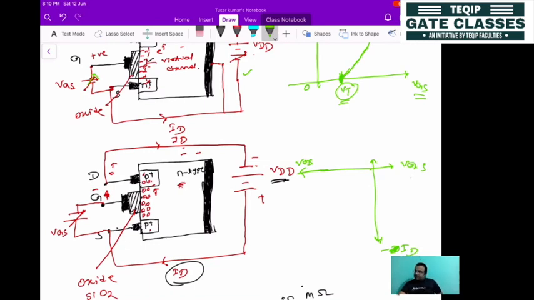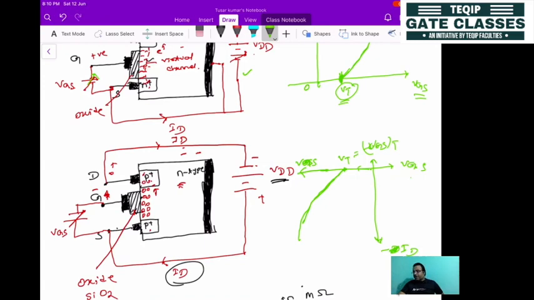In the reverse direction, if you go on increasing the voltage, there will be one point that is called the threshold value. Here the threshold value is minus VGST, you can say it is a negative value. From that point the drain current will increase. That means if you apply the gate to source voltage and it reaches the threshold value, then only the drain current will try to increase.